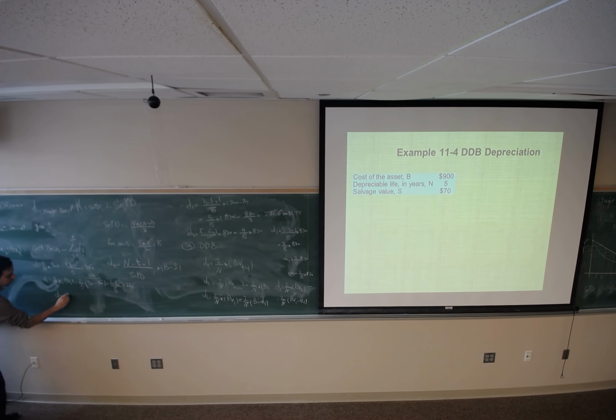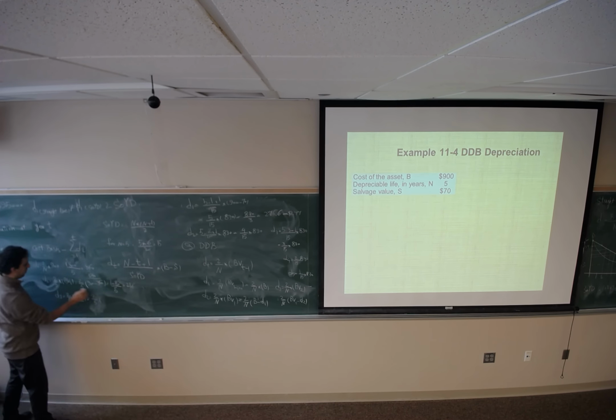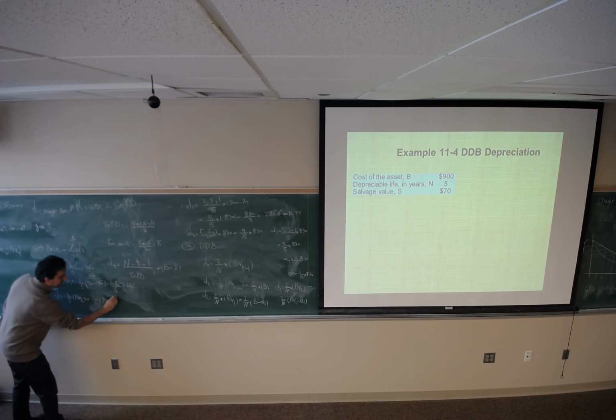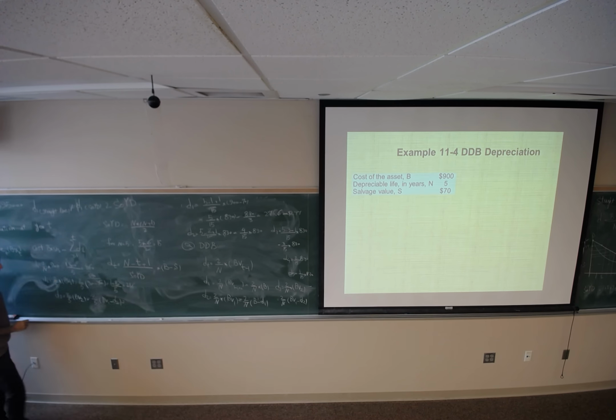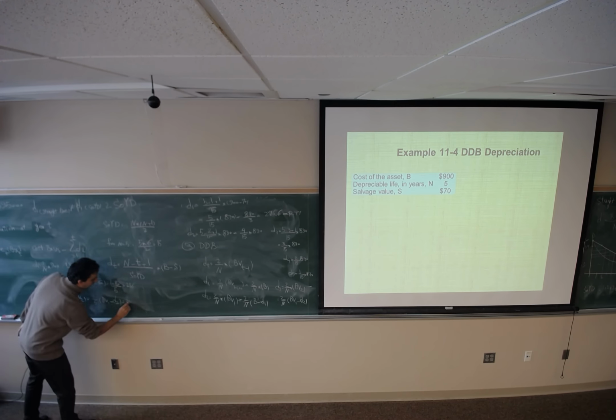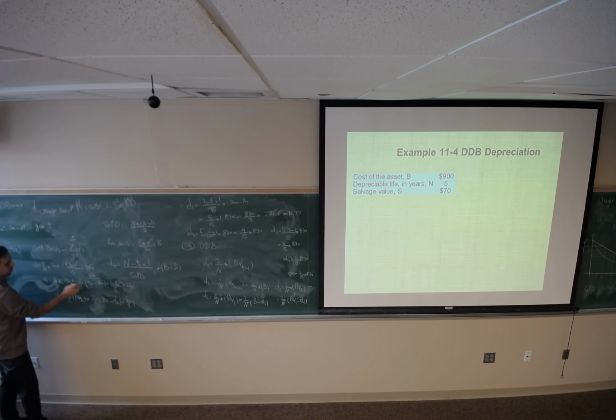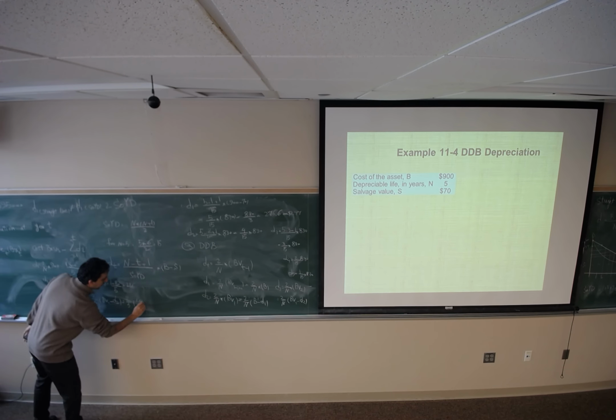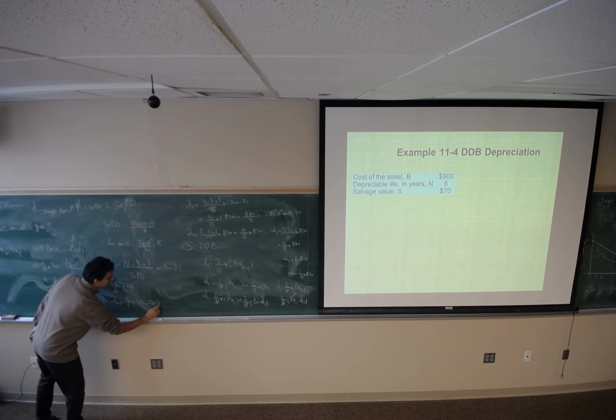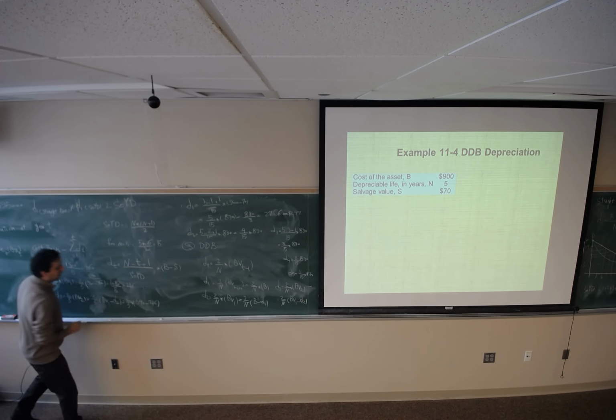D3 is 2 over 5 times the book value at year 2. The book value at year 2 is the book value at year 1 minus D2. 2 over 5, the book value here is 540 minus 216, which is going to give us D3.